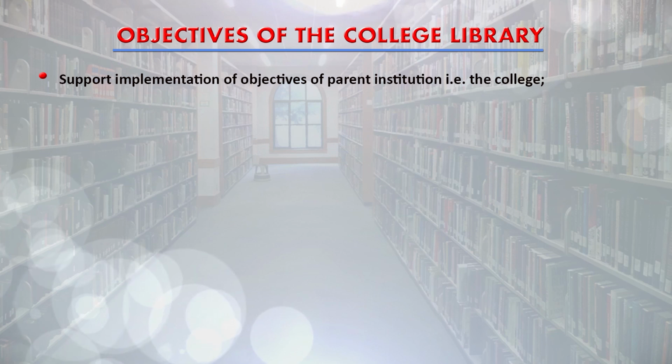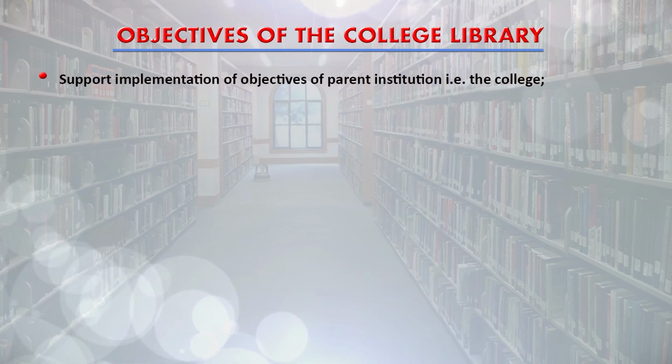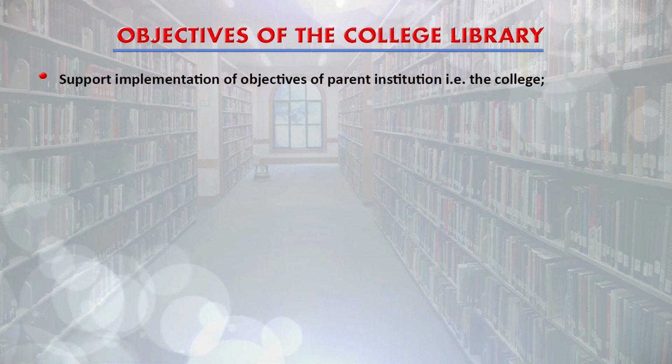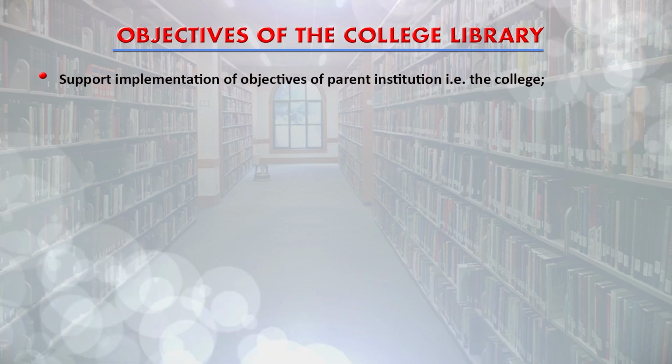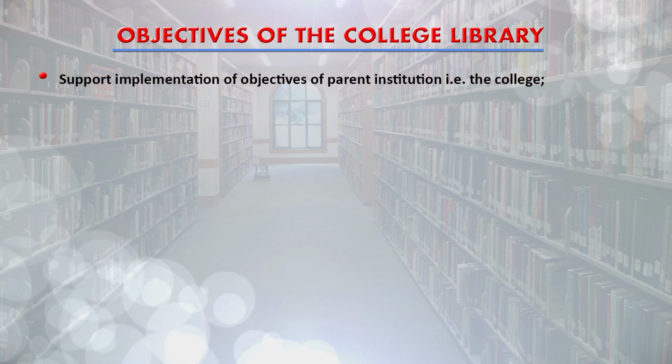As schools are of various levels, similarly colleges are of various kinds, like undergraduate colleges, postgraduate colleges, management colleges, business colleges, engineering colleges, etc. So, the objectives of the college library. The main objective of the college library is to support implementation of the objectives of the parent institution, that is the college.